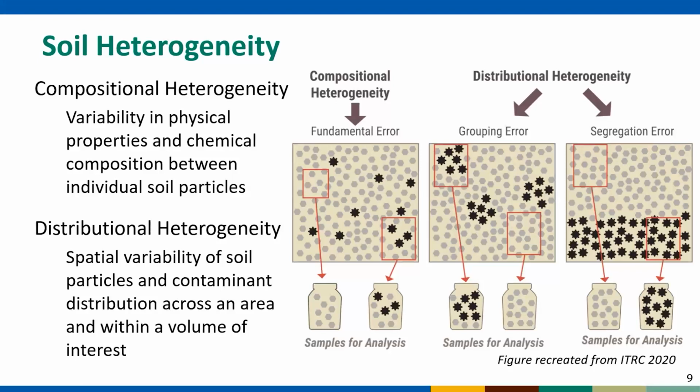In this scenario, gravity may have caused the contaminants to move below other soil components. So sampling at different depths would lead to different contaminant concentration results. These types of errors can be managed by collecting a sufficient number of sample increments and using specific subsampling and processing methods in the lab.